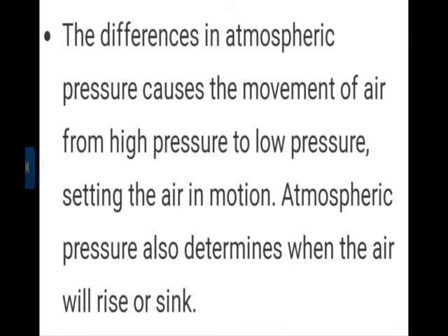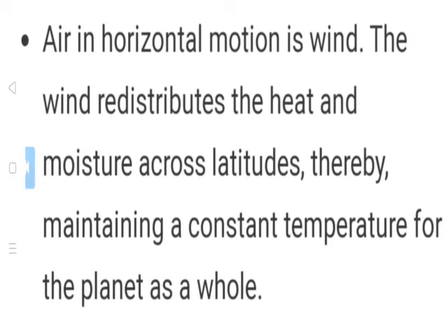The differences in atmospheric pressure cause the movement of air from high pressure to low pressure, setting the air in motion. Atmospheric pressure also determines when the air will rise or sink. Air in horizontal motion is wind.